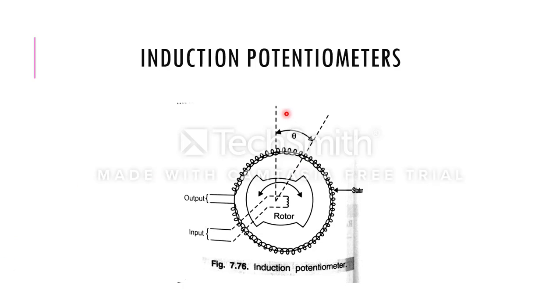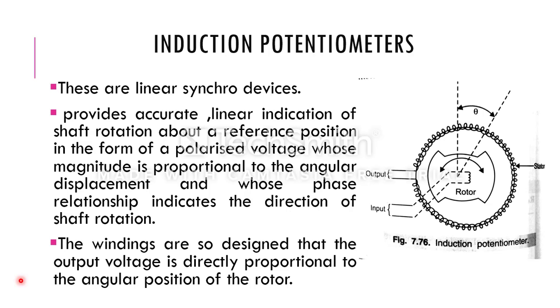Next we will go for induction potentiometers. In an induction potentiometer, you can see here the input is given to the rotor, and when the rotor is rotated by some angle, there is a change in the output in the stator, which has the windings. You can see this diagram.